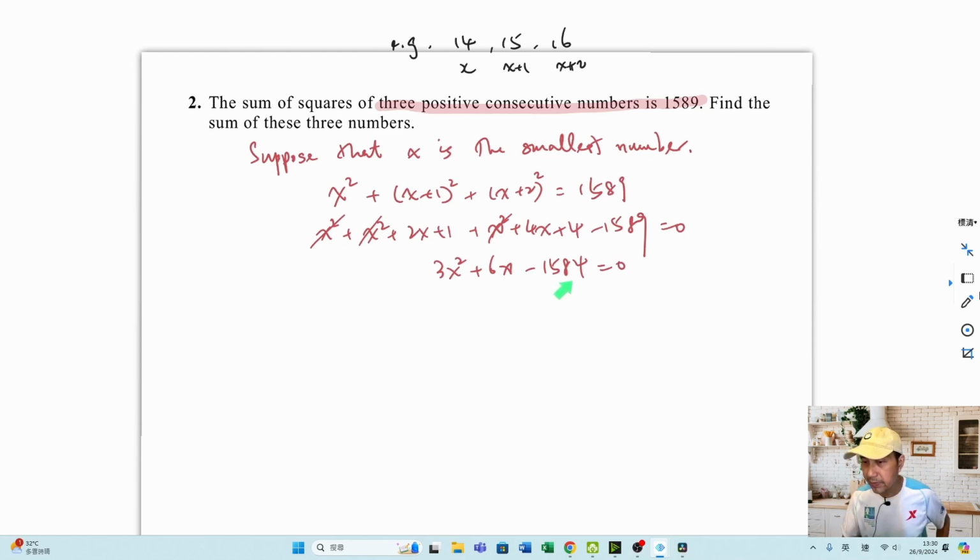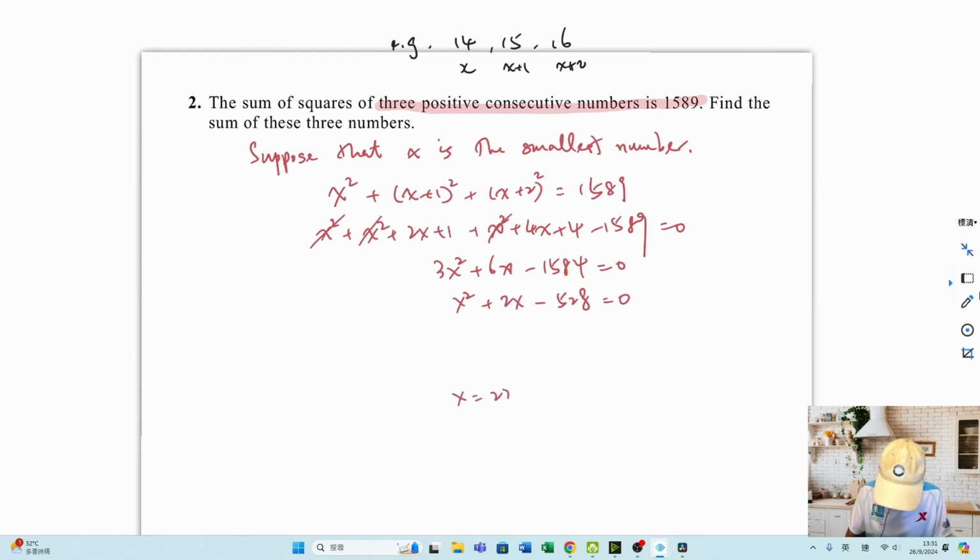This number can be divided by 3, so we divide the whole equation by 3 to make the equation simpler. And then we use the calculator.